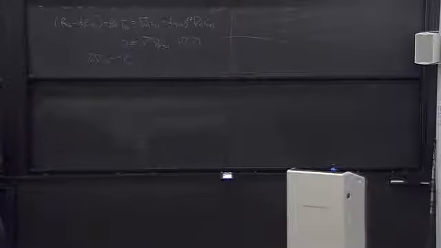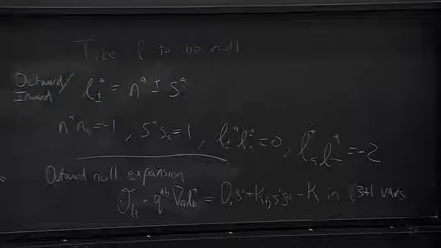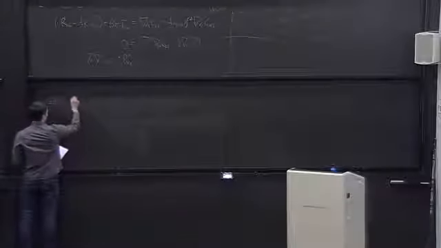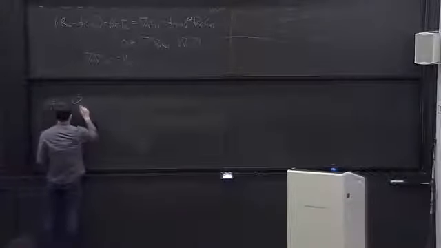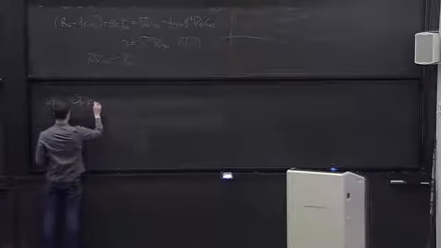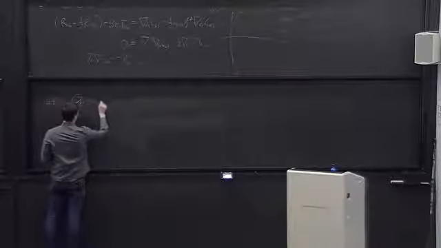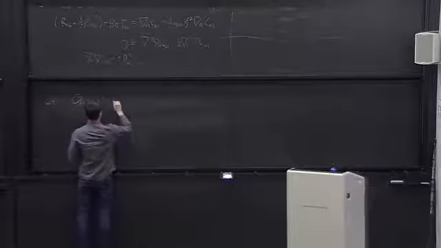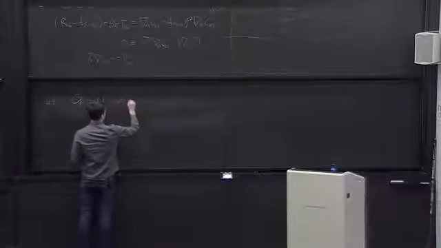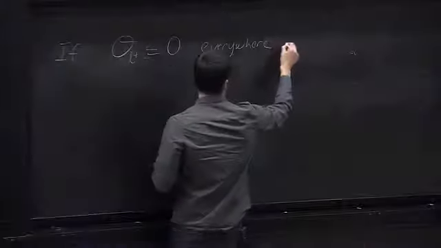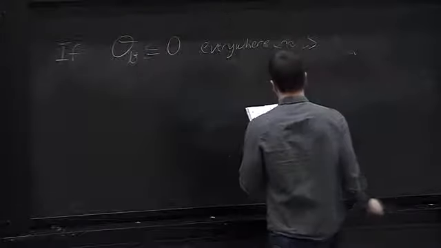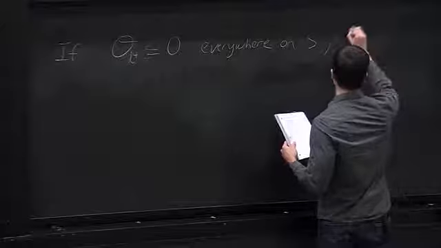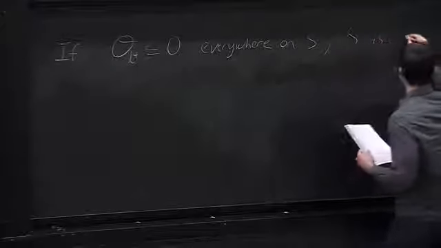Yeah, so we're almost done here. So now basically, if we're in the situation that the outward null expansion is less than, we'll say less than or equal to 0, everywhere in our surface S, we're going to call S an outer trapped surface.